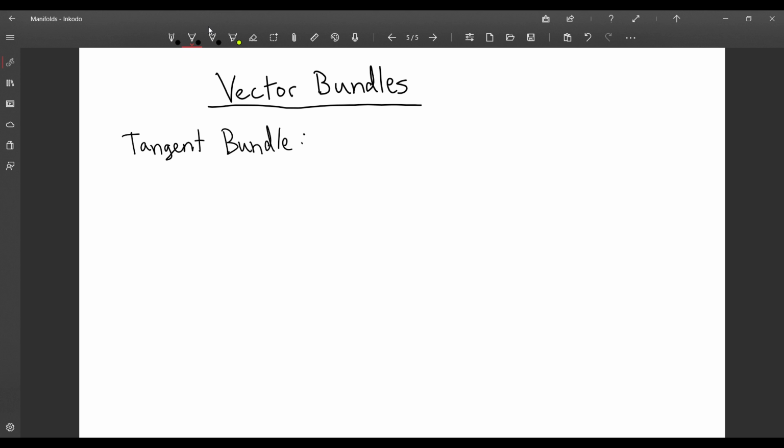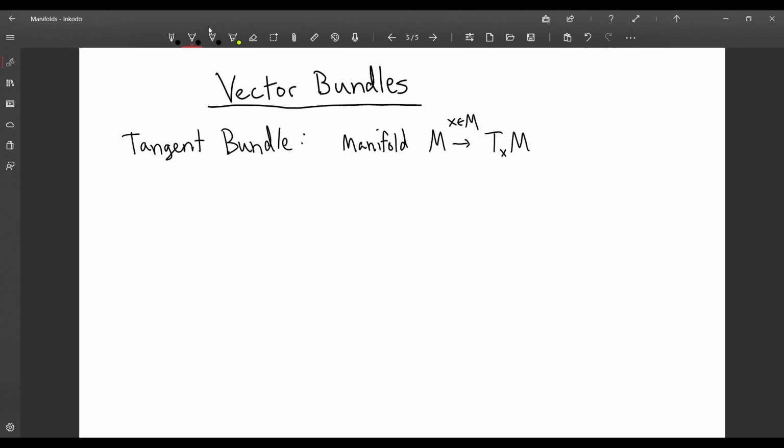In a previous video, I described that for a manifold M, there is a tangent space T of M, or I guess a pointwise tangent space. So x is an element of M, which means you have a tangent space at every x, right?